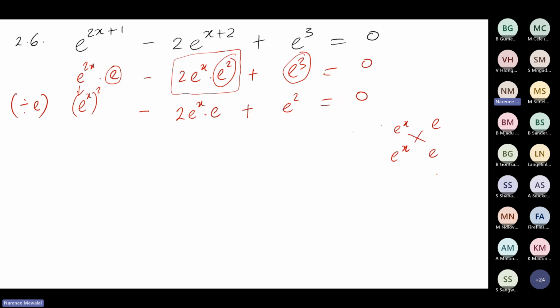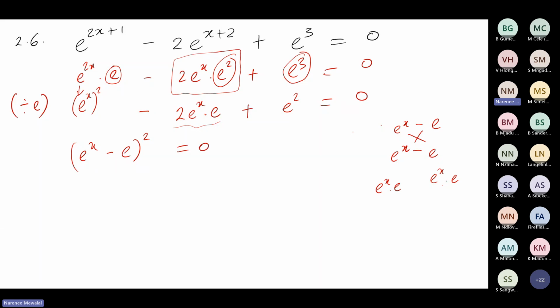Multiply across, you're going to get e to the x times e, and here you're going to get e to the x times e. And if you add these two cross products, it gives you the middle term. And because there's a minus sign, you can put a minus sign there. So your factors are actually e to the x minus e all squared is equal to 0. It's e to the x minus e into e to the x minus e.